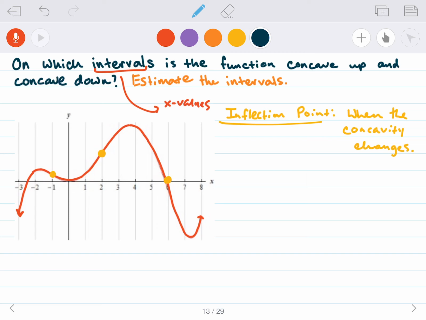What's happening, is this a frowny face or a smiley face? This is part of a frown. So we say this is concave down from x equals negative infinity, right? Because that's the lowest value that this is going, indicated by that arrow, all the way up to x equals -1, that inflection point where it starts to smile.